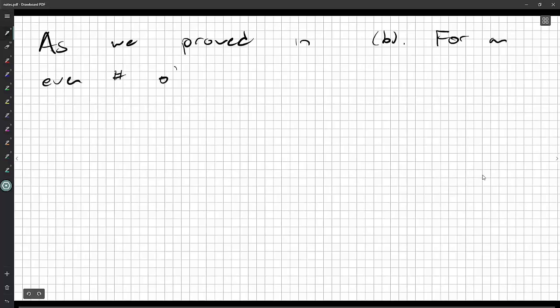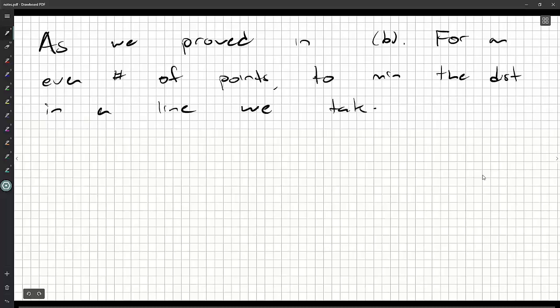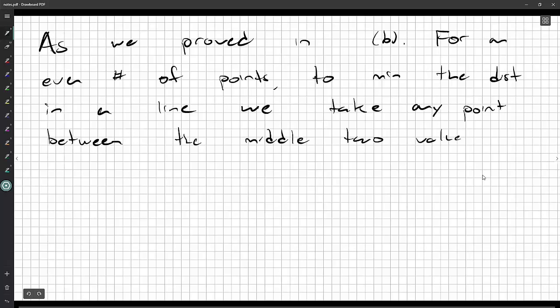So as we sort of proved in B, for an even number of points, to minimize the distance in a line, we take any point between the middle 2 values when ordered.